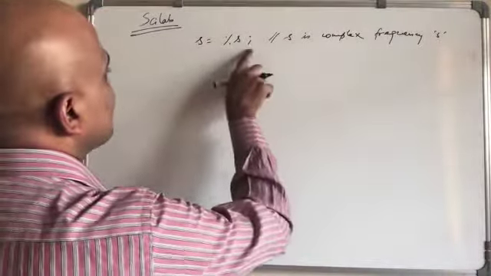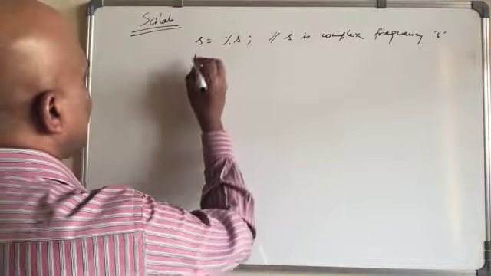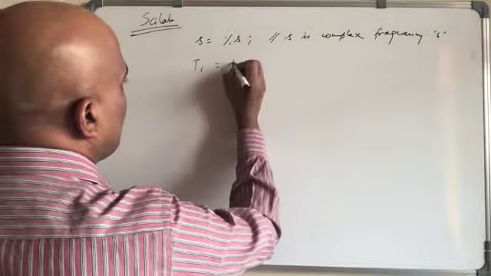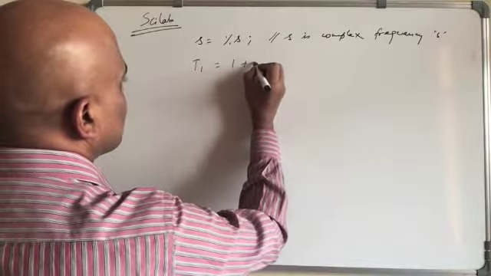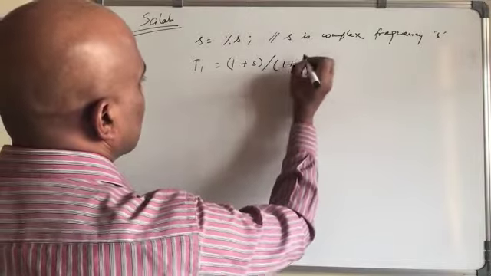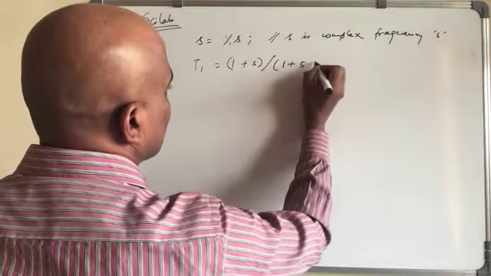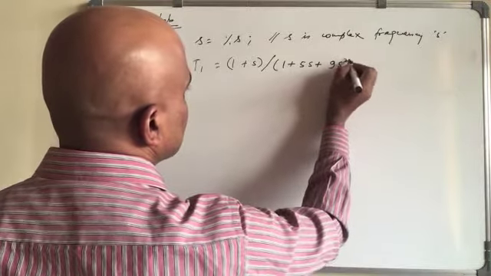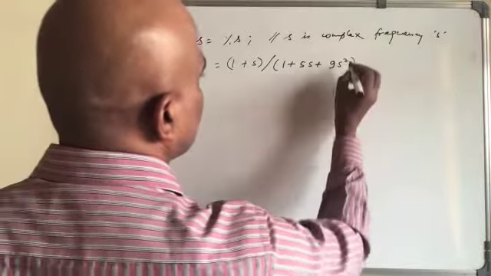So you say s equals %s, and after that you can have the transfer function t equal to (1 plus s) divided by (1 plus 5 s plus 9 s square).